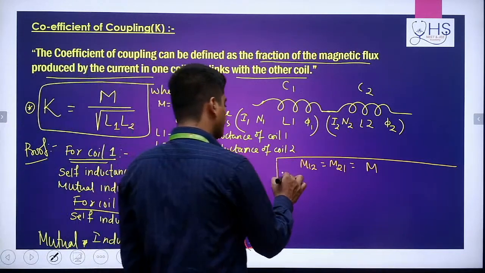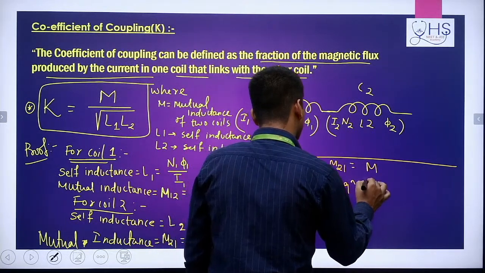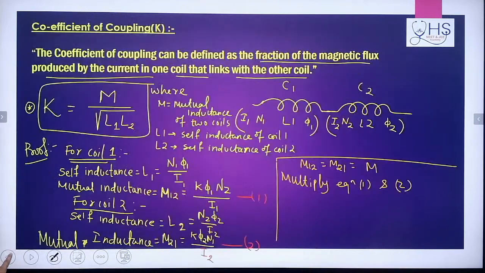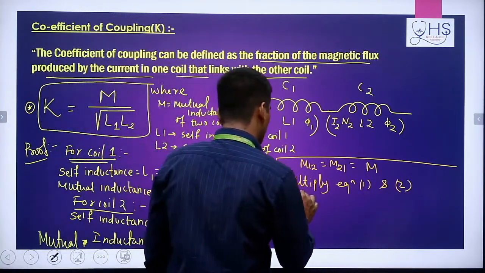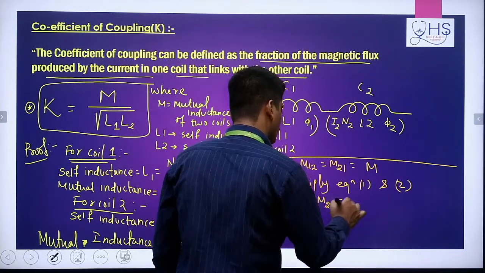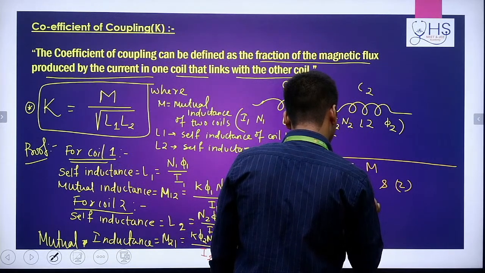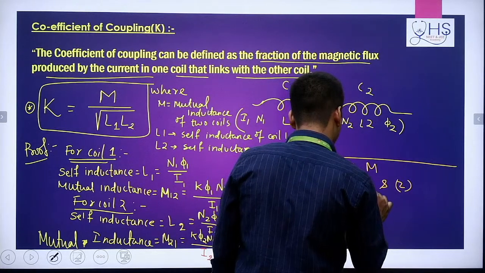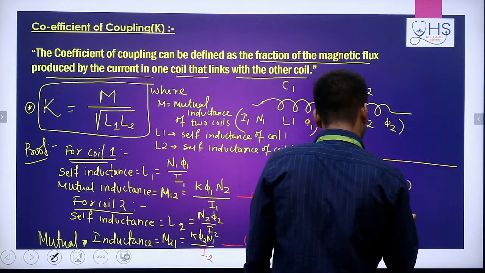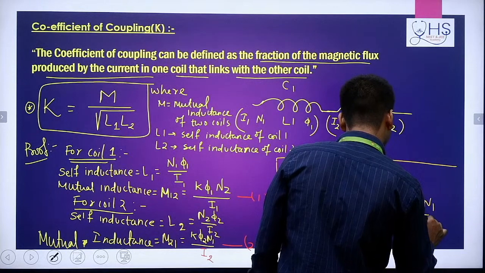Now let's multiply equation 1 and 2 and see what happens. M12 into M21 will be K phi 1 N2 by I1 into K phi 2 N1 by I2.